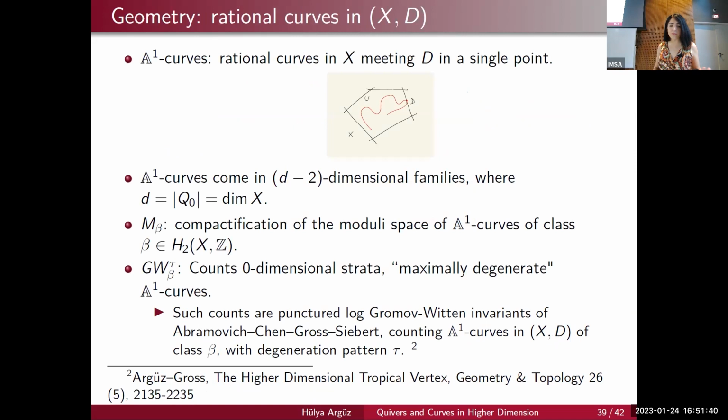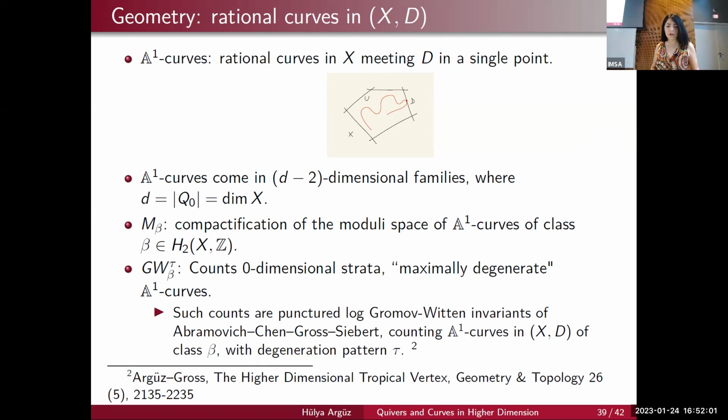And in this setup, when you look at cluster varieties, the curves that are related to quiver DT invariants are A1 curves, which are rational curves in your cluster variety, meeting the divisor D, which is the strict transform of the toric boundary divisor when you blow up the hypersurfaces in the boundary.